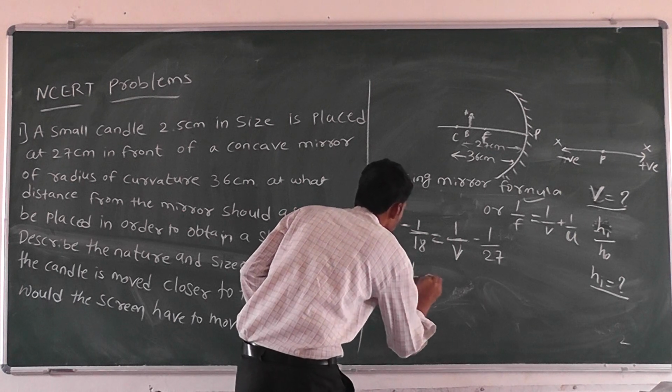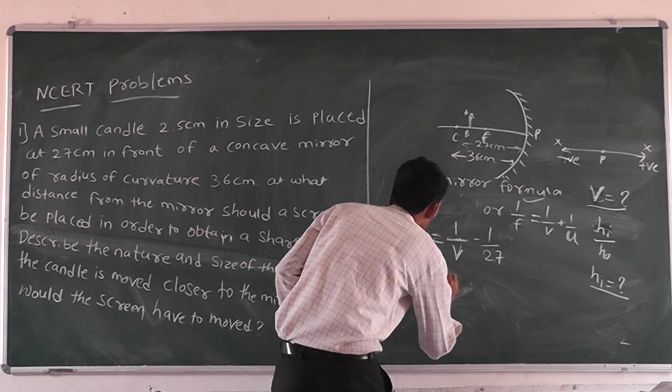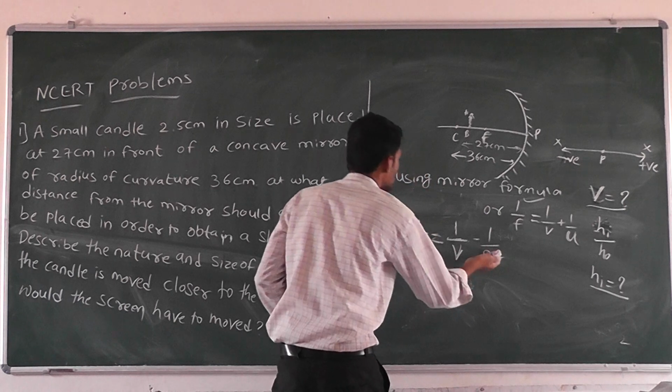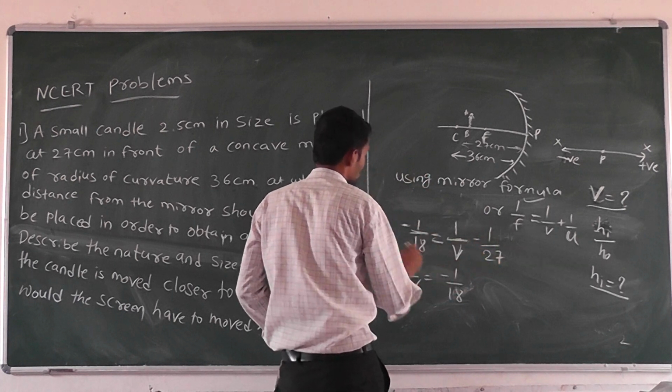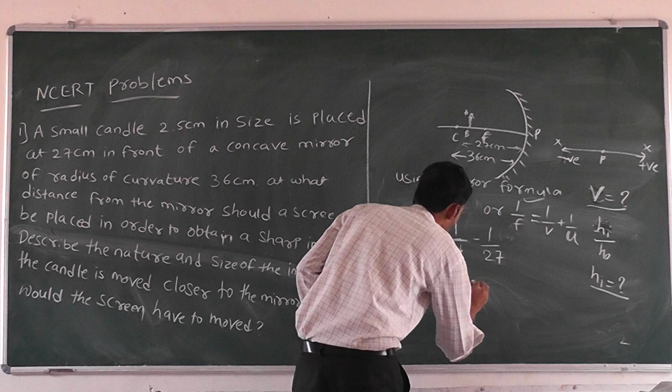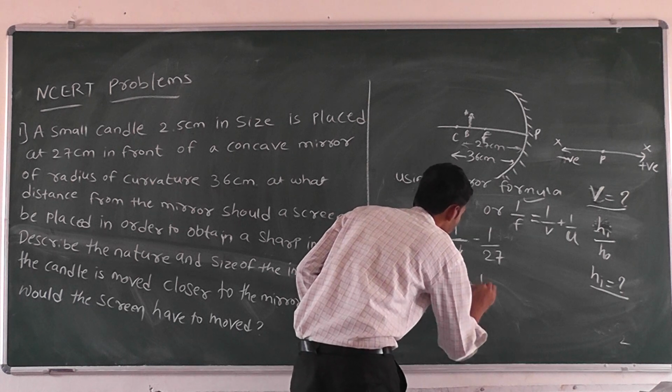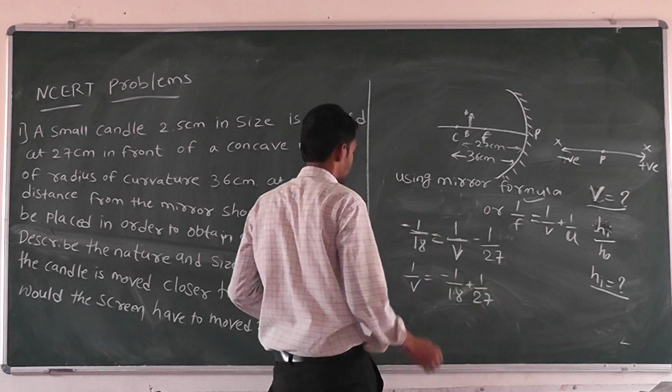So 1 by v is equal to minus 1 by 18, and moving the object term to the left side, plus 1 by 27.